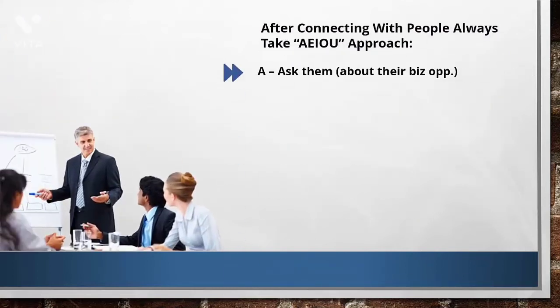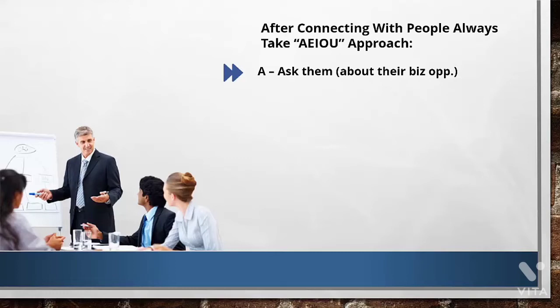After connecting with people, you can always take an AEIOU approach. In the first portion, we gave some examples by case study, creating customized bridge marketing messages. But along with the bridge marketing tips, you can always use the AEIOU approach.